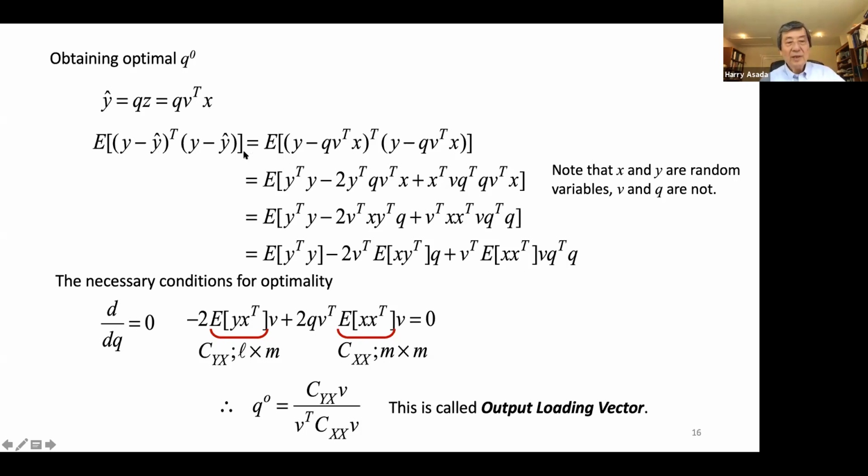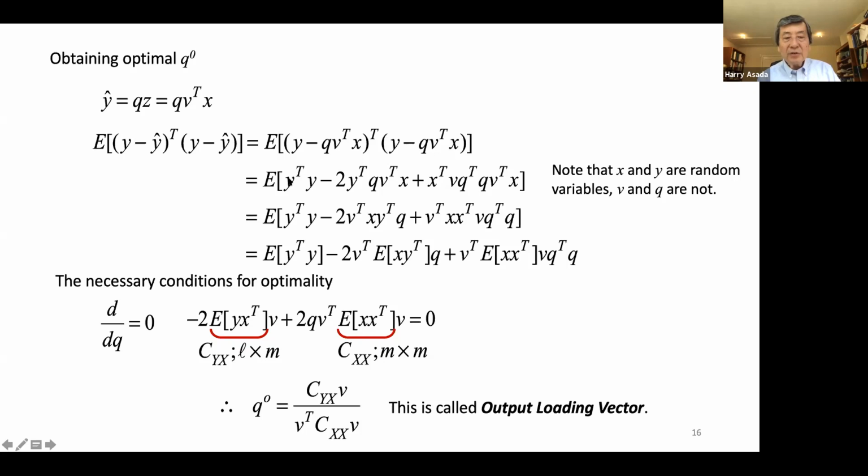So putting this one in here, we can write in this way, right? So again, we can actually expand this. So this is just an expansion of this product, right? Just a simple expansion. Then we have to look at this, in which some are random variables, and some are just parameters or vectors.